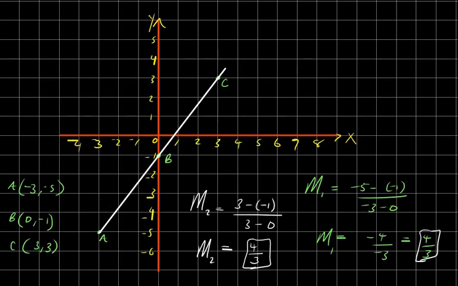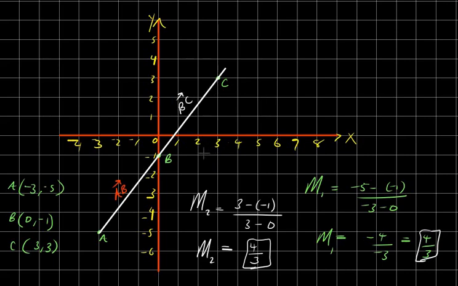So it means that if this is now a vector that we call vector AB, this guy here, and then from here to here, this is going to be our vector BC.